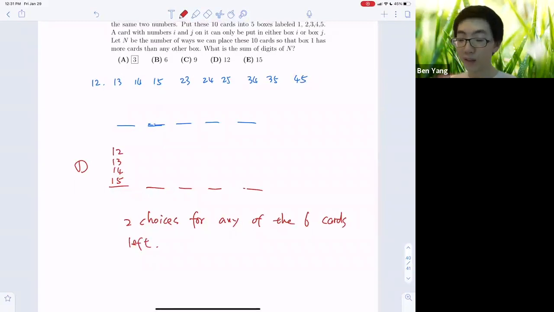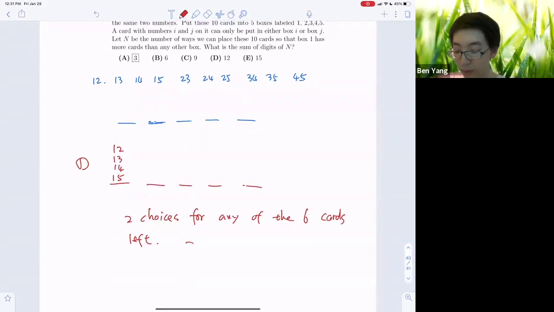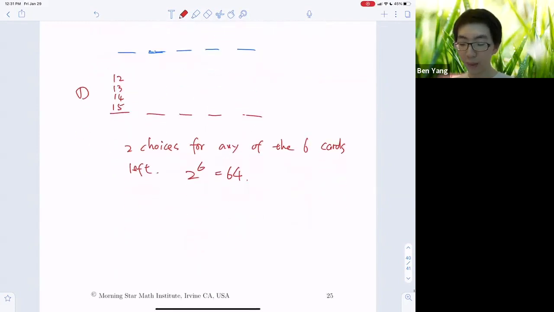So the number of ways is simply 2 to the power of 6. So that is 64. All right, so we're done with our first case.